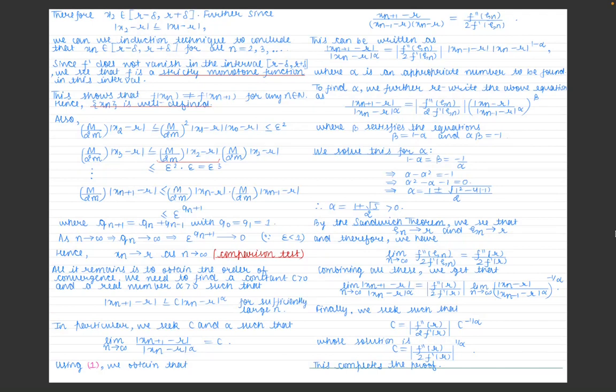So finally, alpha we have been able to find out. Now we seek C such that C is (f''(r) / (2 f'(r)))^(1/alpha).